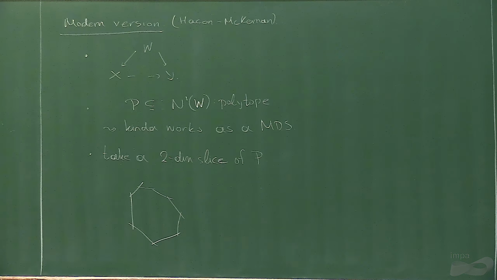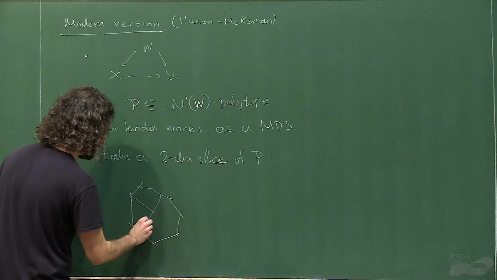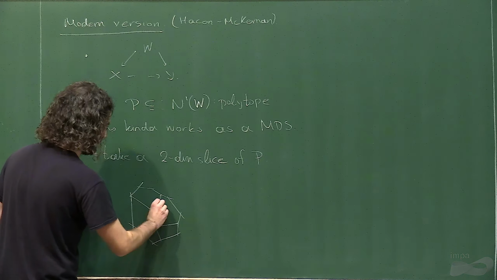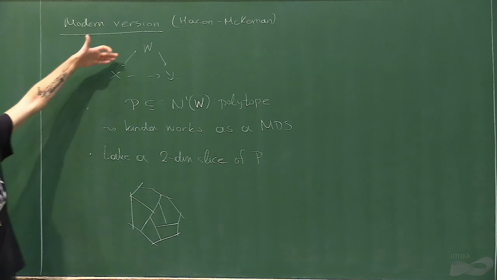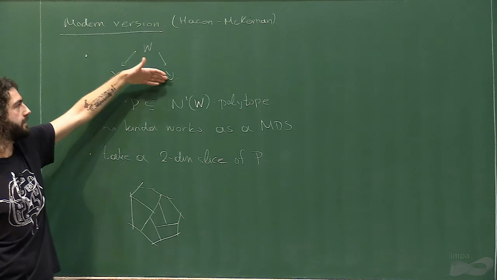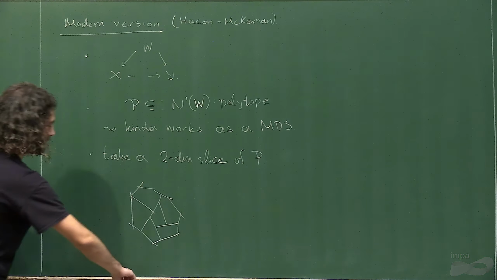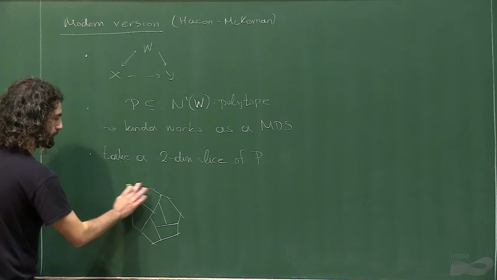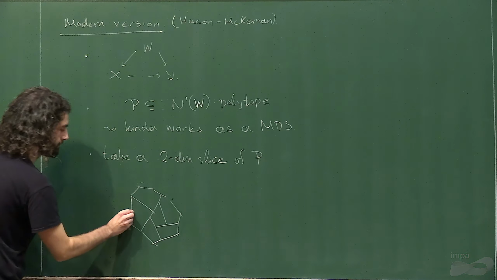If two divisors give you the same output, then you put them in the same chamber. And then what they prove is that you have a wall and chamber decomposition, something like that. And of course, you can realize X and Y as certain MMPs on W, and they prove that the points that correspond to X and Y lie on the boundary.